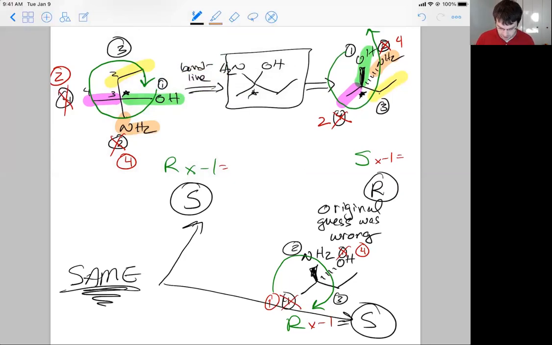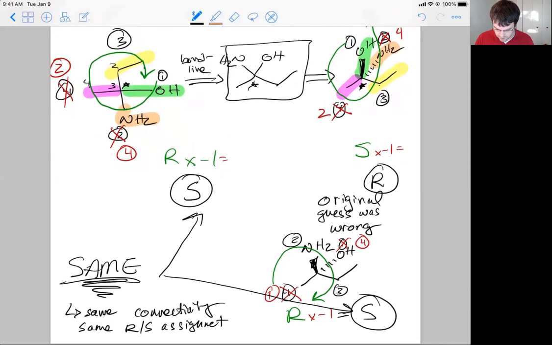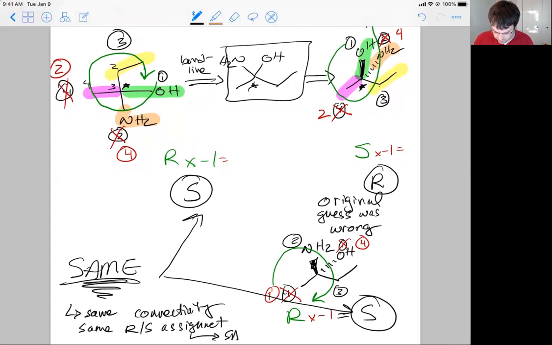So they're the same molecule. Same connectivity, same RS assignment, equals the same structure. We're going to take advantage of this.